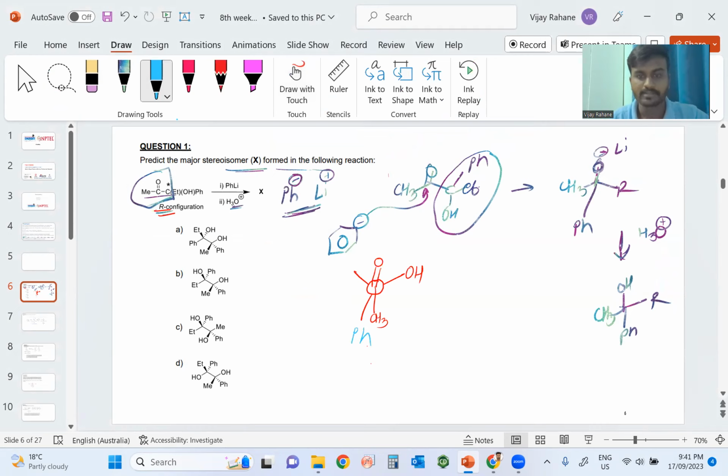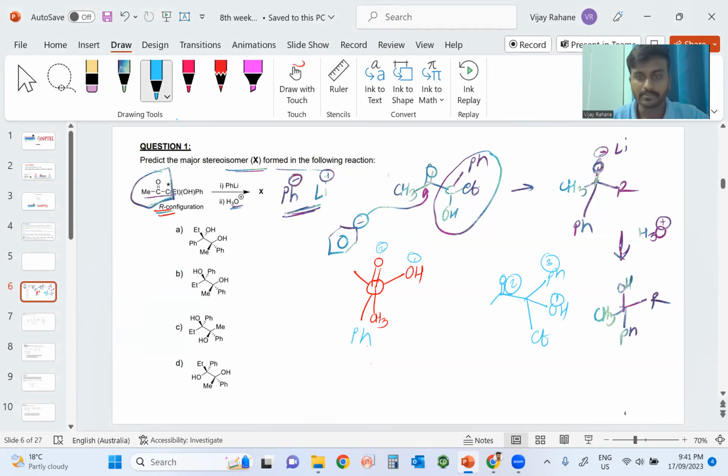So phenyl will be here, let's say. How will the numbering be for the backside carbon atom? Let's have an expanded structure here. The numbering will be like this: one, this carbon will be two, and this will be three.